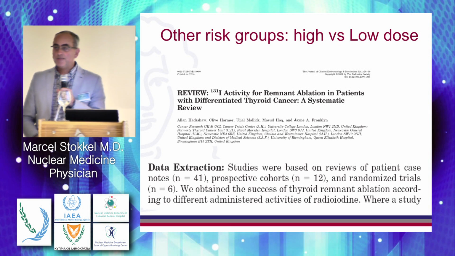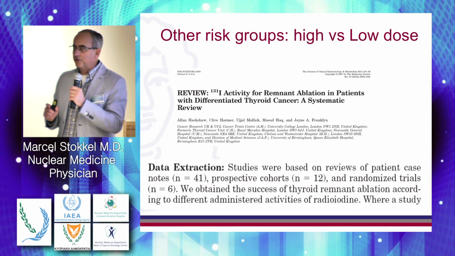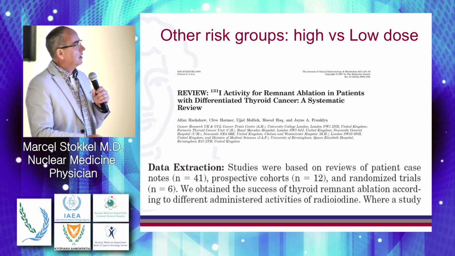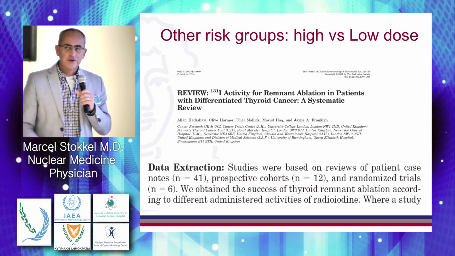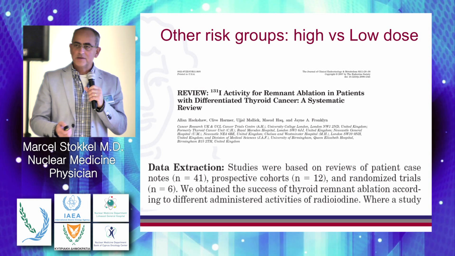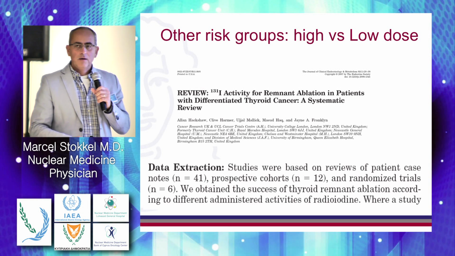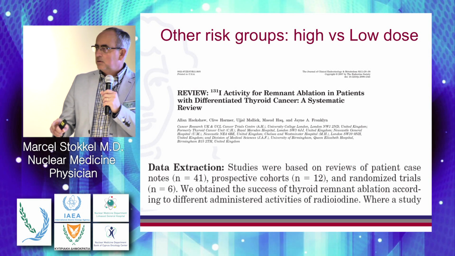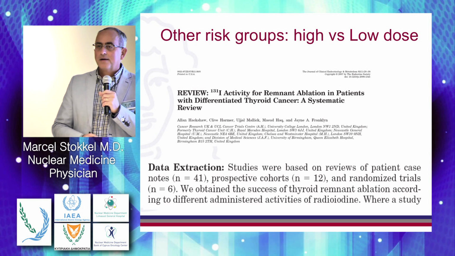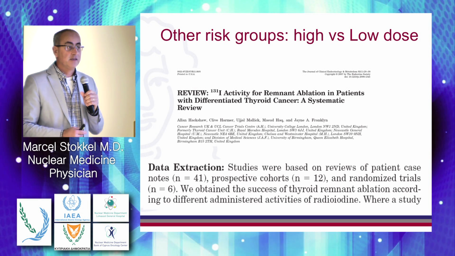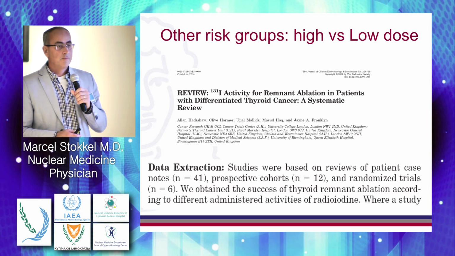Now, the discussion about what we should give to the other risk groups. When you look at the data and literature, in which a comparison was presented between the high and the low dose, we think that there are a lot of data available in clinical practice in which this was prospectively analyzed.